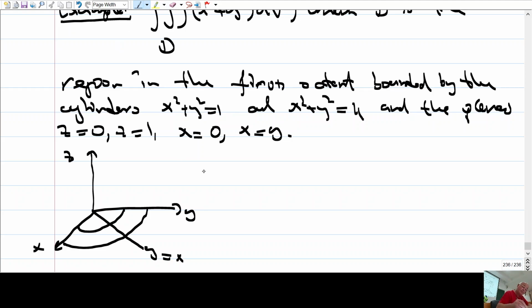So the region is this. The base of the region is this gadget, and then you just go 1 unit up.